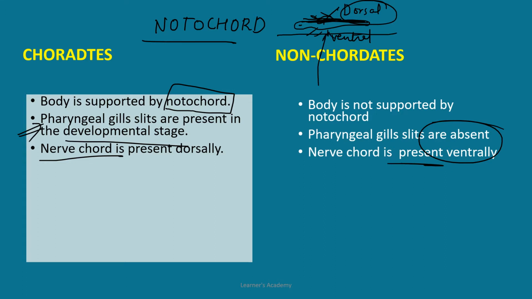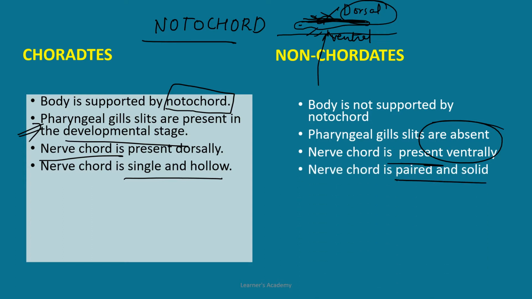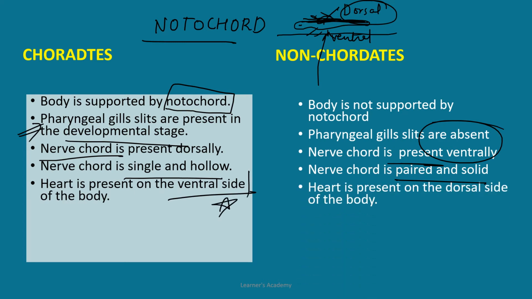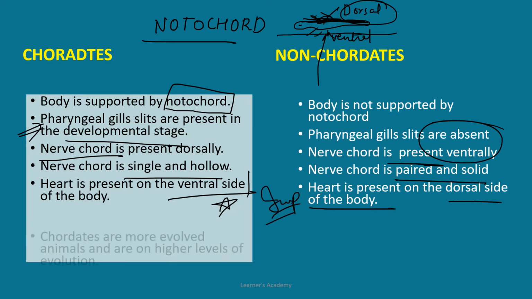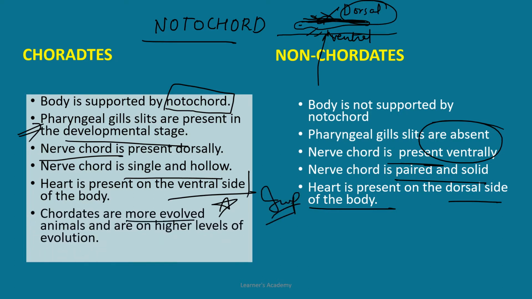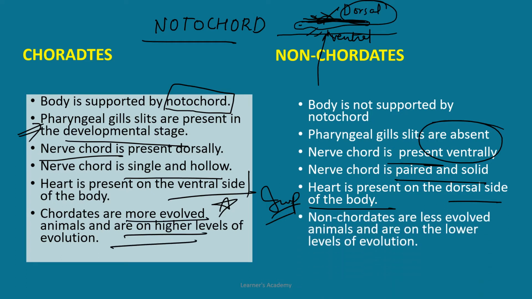Now, the nerve cord is single and hollow in case of chordates, whereas in case of non-chordates, the nerve cord is paired and solid. The heart is present on the ventral side of chordates, whereas the heart is present on the dorsal side of the body of non-chordates. Now, chordates are more evolved animals and they are on the higher levels of evolution, whereas non-chordates are less evolved animals and they are on the lower levels of evolution.